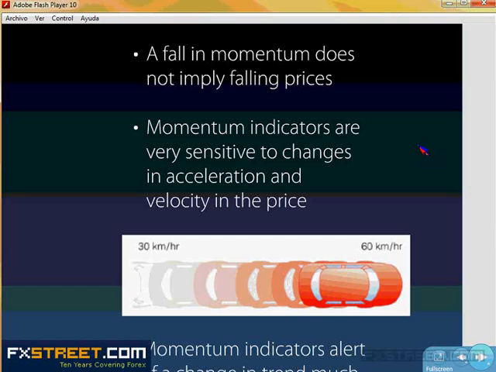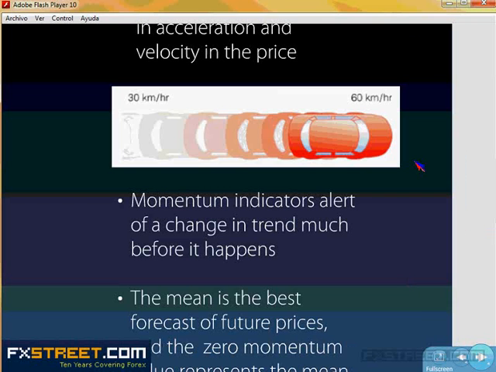If prices continue higher at the same rate, the speed turns sideways, becomes a constant. And because of this high sensitivity, momentum indicators alert of a change in trend much before it happens in the price structure.